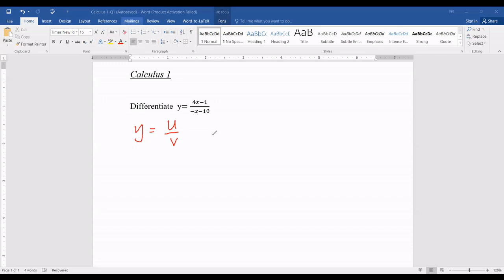In order to differentiate this function, you need to adopt the quotient rule, which means dy over dx equals v du over dx minus u dv over dx, all over v squared. So this is your quotient rule formula.